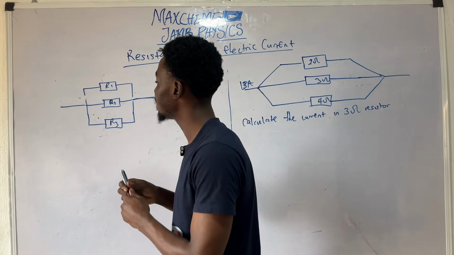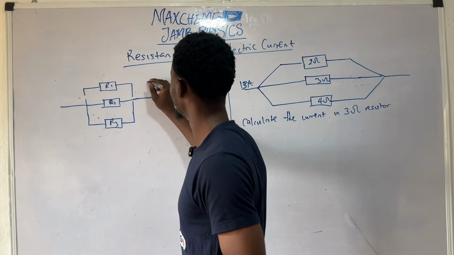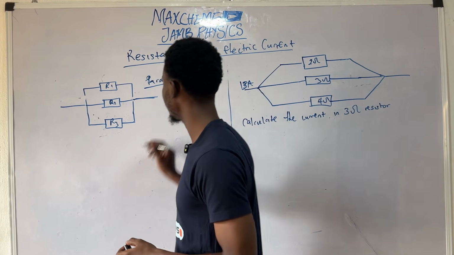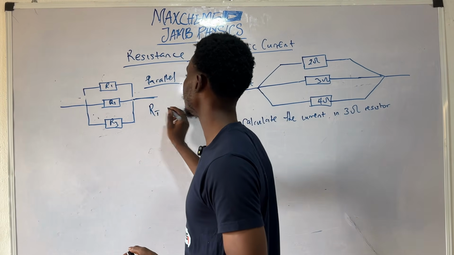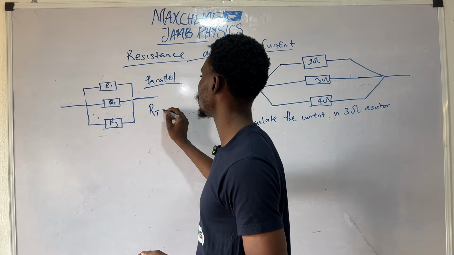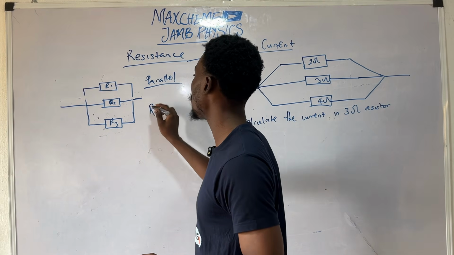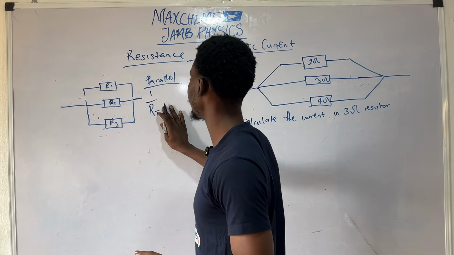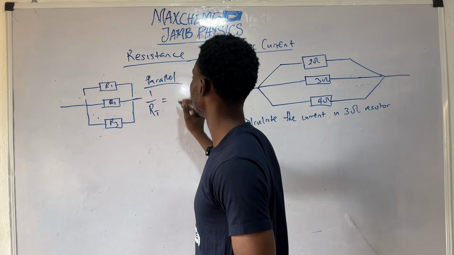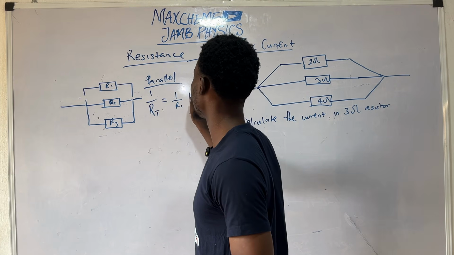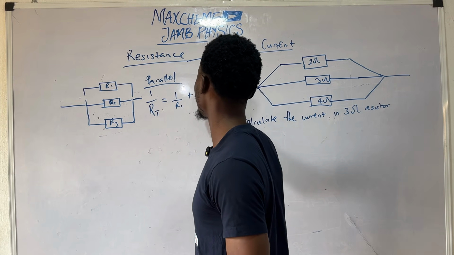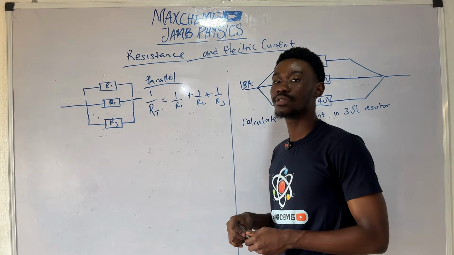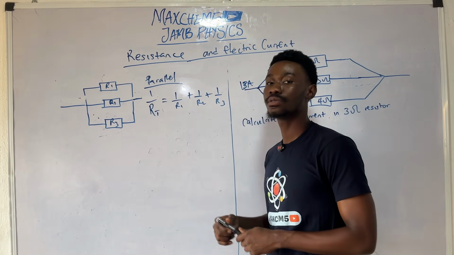The law of finding the total resistance is, for a parallel configuration, the opposite of what we did when we were treating capacitors. So 1 over RT is equal to 1 over R1 plus 1 over R2 plus 1 over R3. This is how we solve for the total resistance.